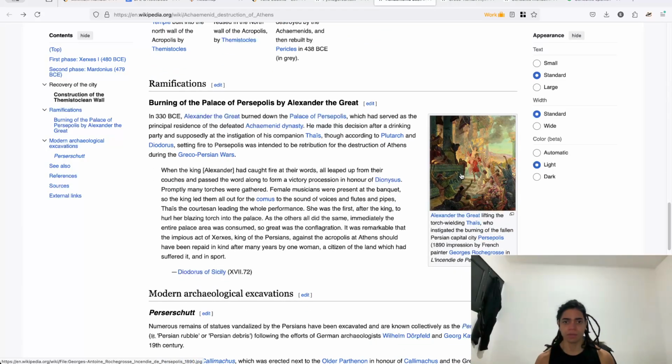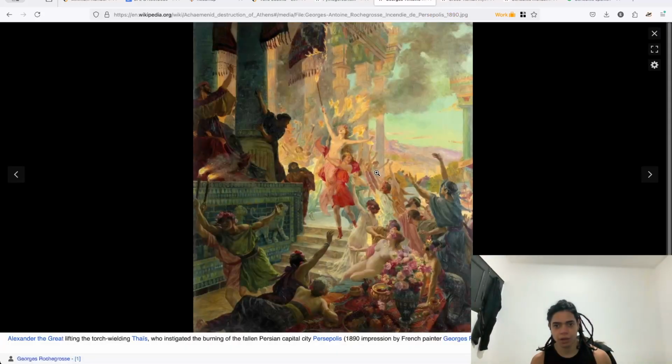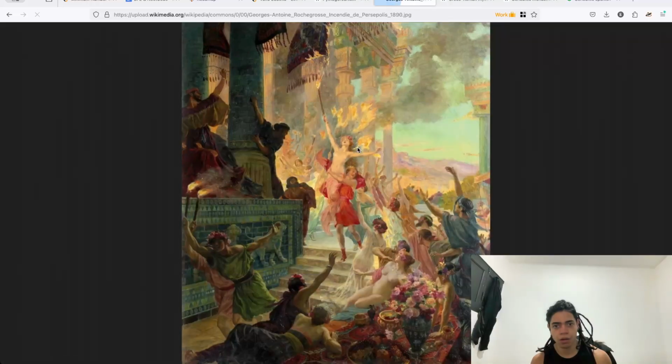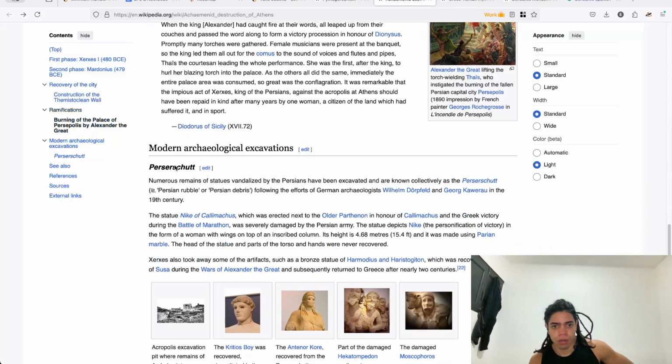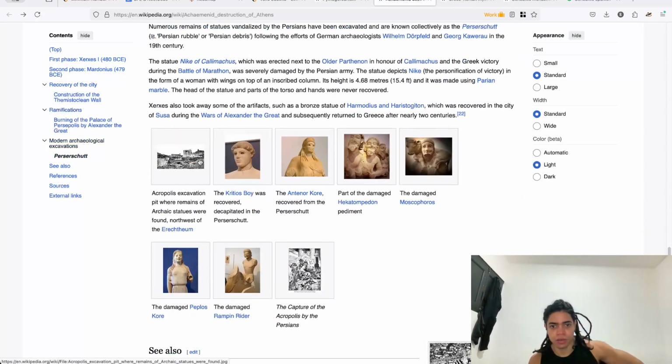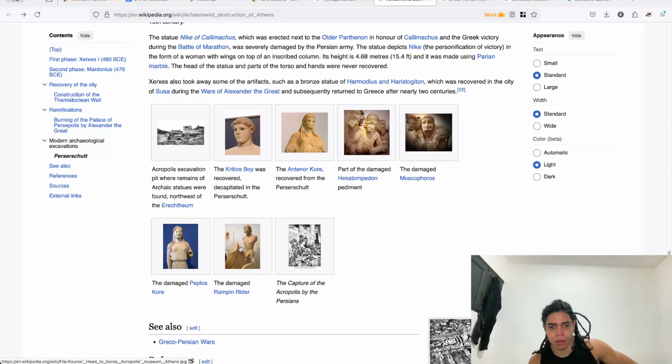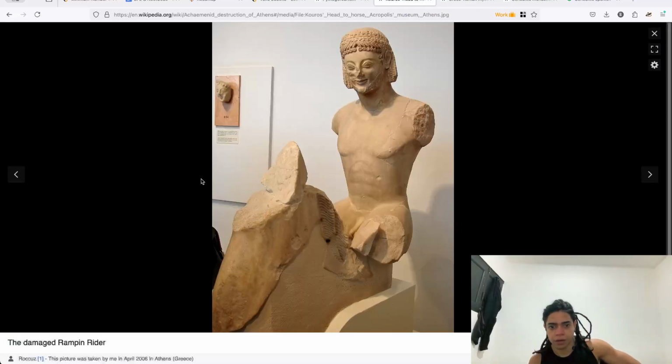Burning of the palace of Persepolis by Alexander the Great. Modern archaeology excavations.